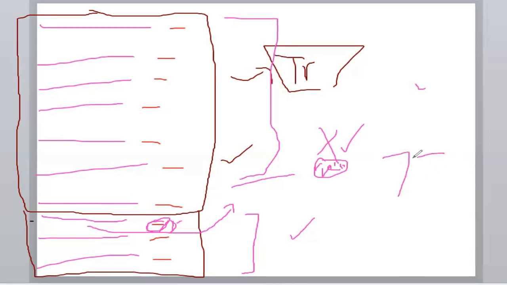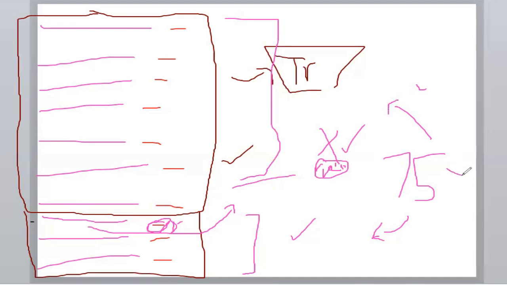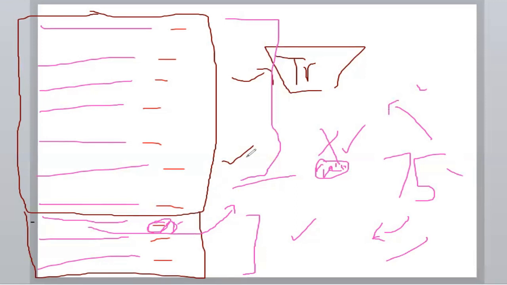On 75%, we will train our model, and on the other 25%, we will test our model, so that we will have the correct accuracy.